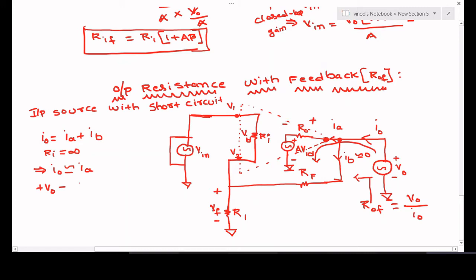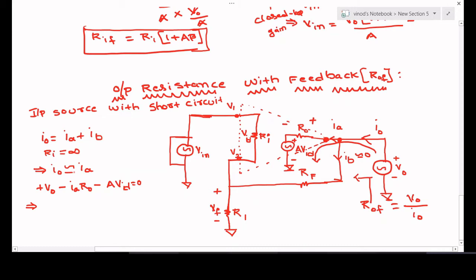So the current that is flowing is IA and the resistor value is R0, and this voltage source, this is plus and this is minus. So again, we are going from plus to minus. So minus A VID is equal to 0. Right? So from this, IA is nothing but I0.